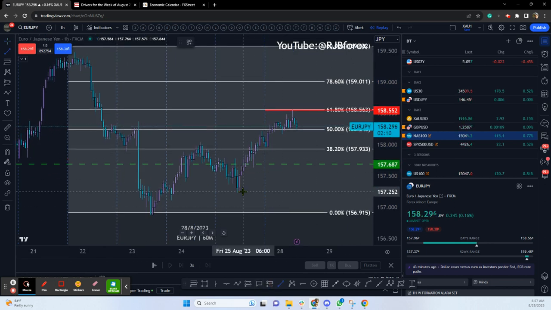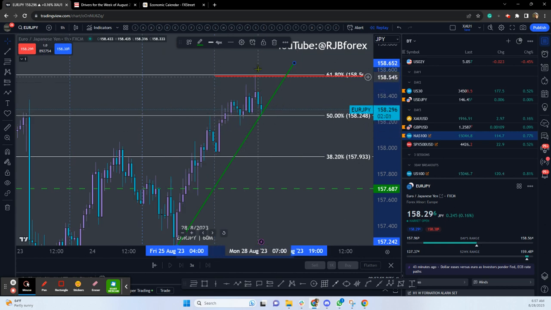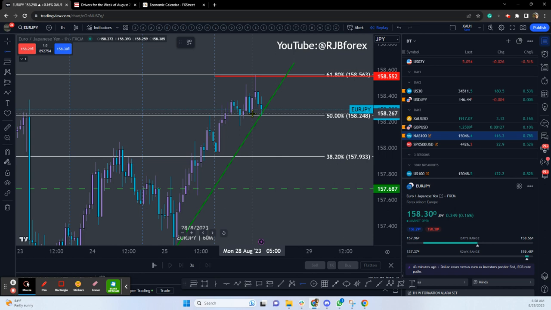But we're still on the front side of the bullish trend. We need to break these lows, which we're trying to do at the moment.